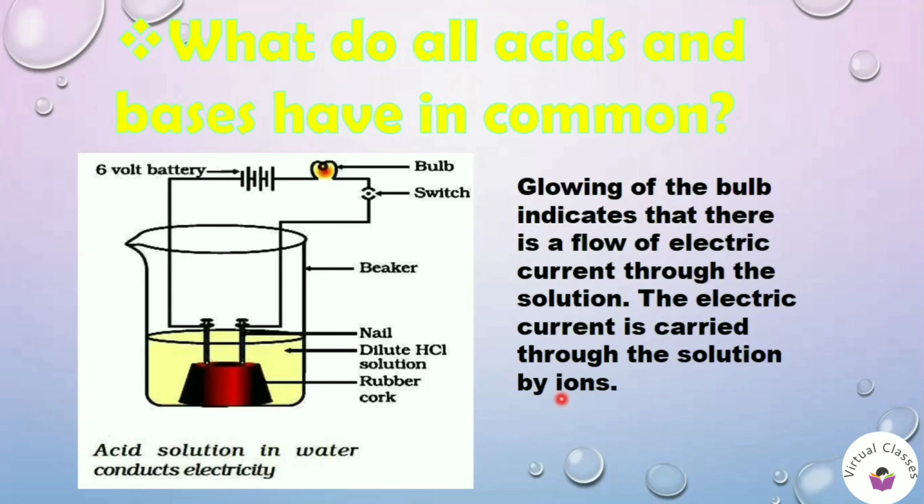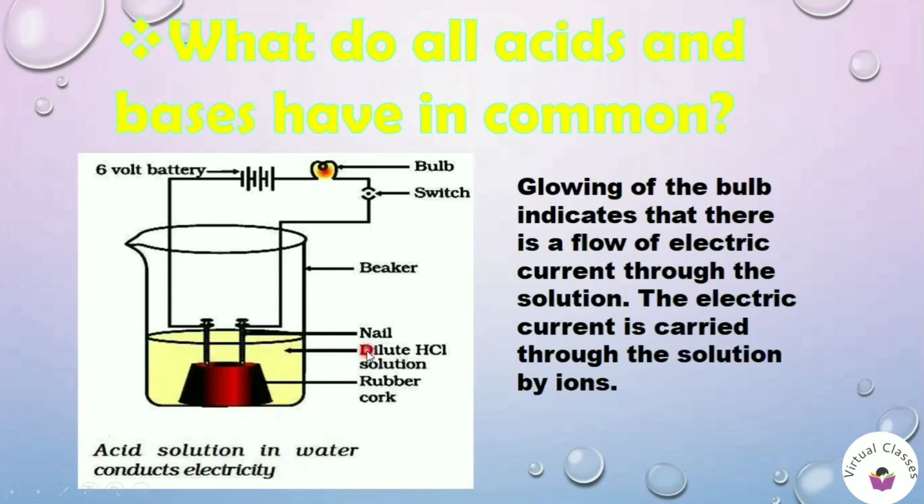Now, if we repeat this activity using alkalis such as NaOH or KOH, the bulb will again glow. Again, because they release ions in water, which are responsible for the conduction of electricity.